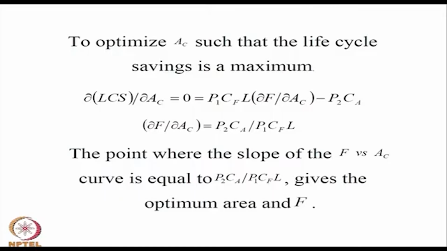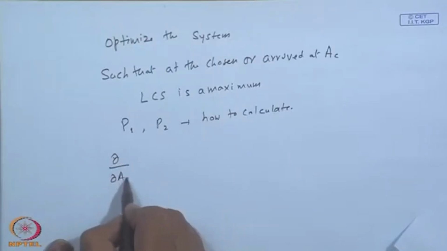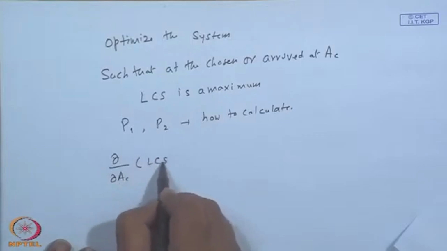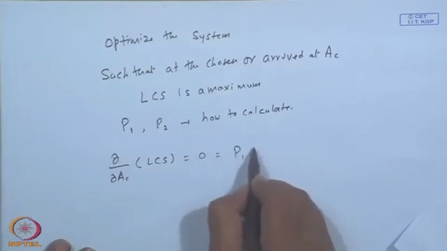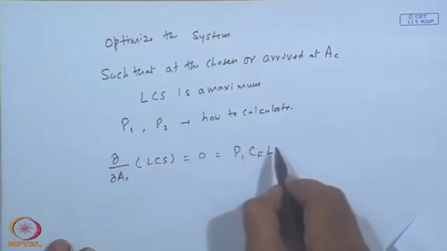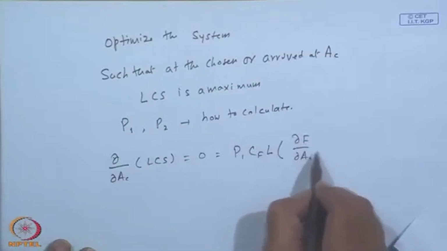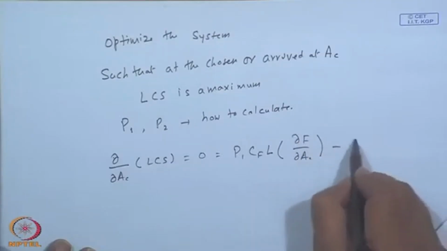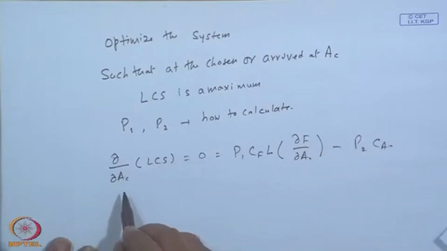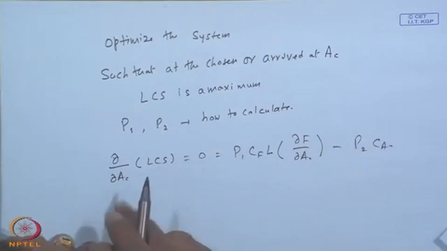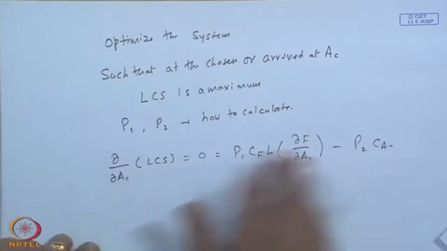So, for the optimum, delta by delta AC of LCS should be equal to 0, which will be P1 CF L times dF by dAc minus P2 Ca, right, because that is AC differentiated with respect to the area, that goes off and the fixed cost does not give anything.